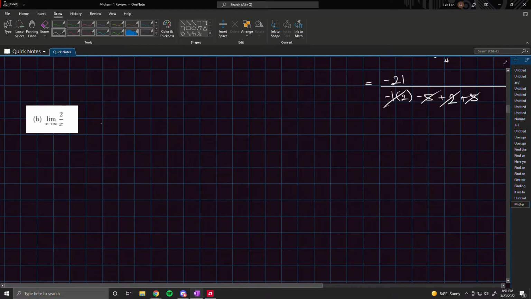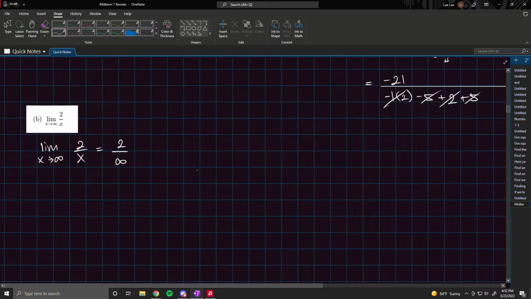So with lots of limit problems, the first thing I try is plugging it in. So you have the limit as x approaches infinity of 2 over x. So first thing I do is plug it in. You get 2 over infinity. And lots of students I think get confused about this as well. Like what's 2 over infinity? What's anything over infinity actually?